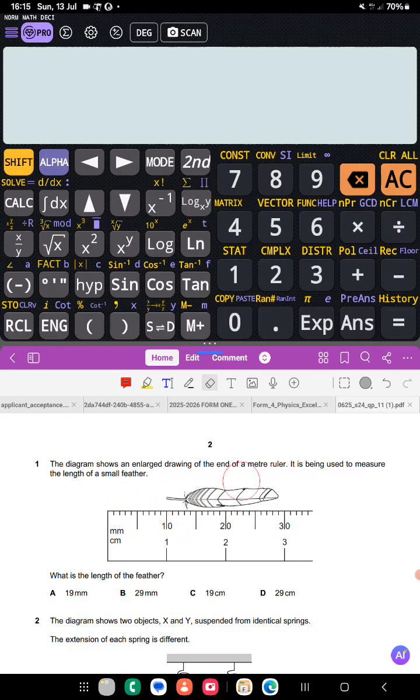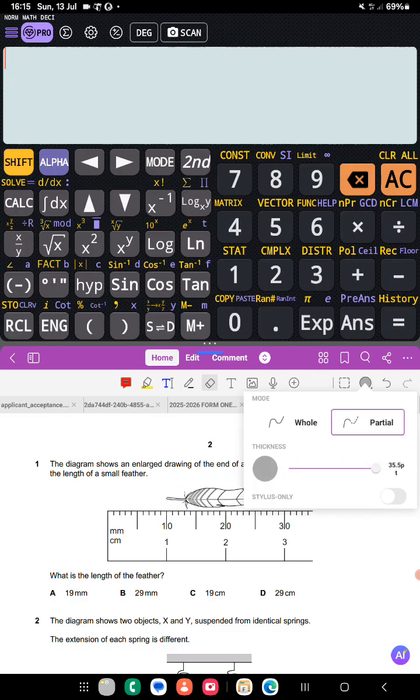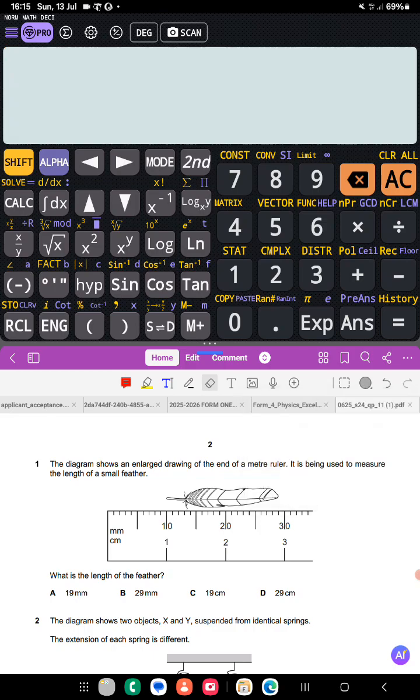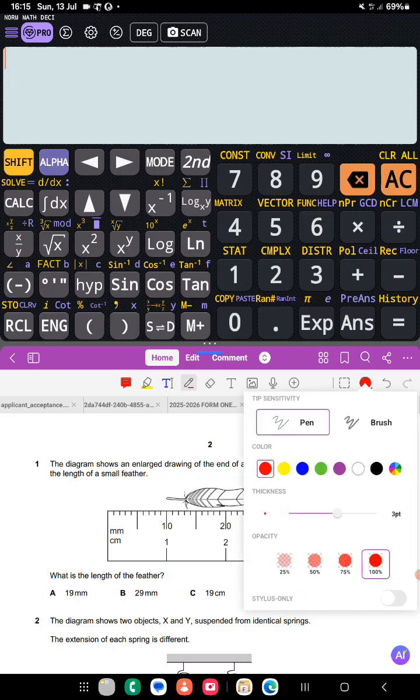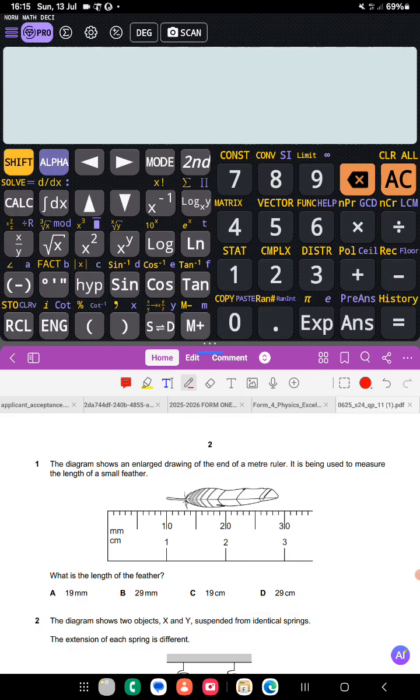In order to determine the length of the feather, we just have to take note of the readings at each end of the feather. The reading here is 10, so we have 10 millimeters.